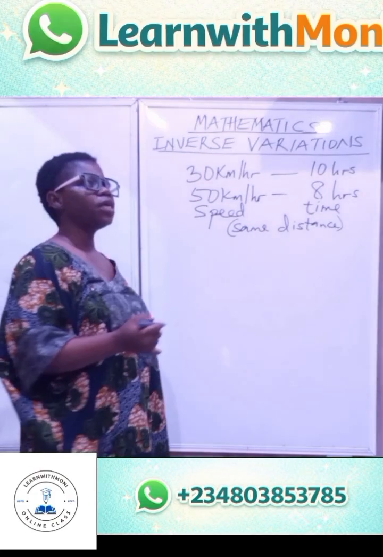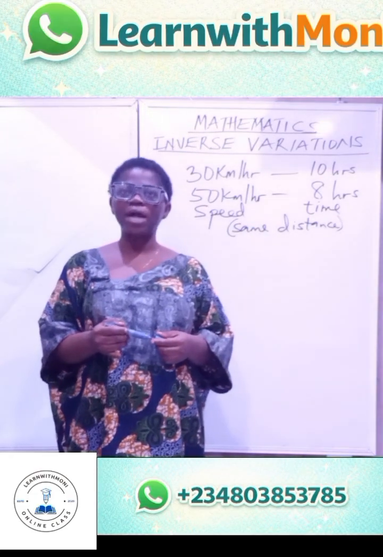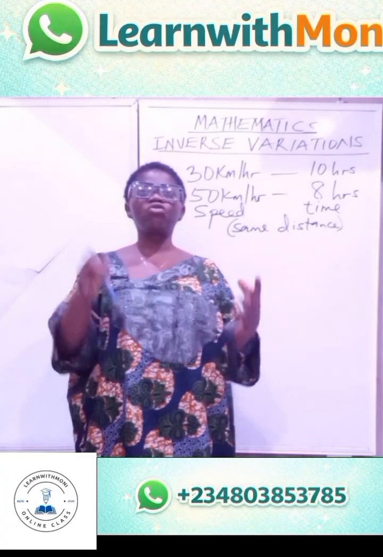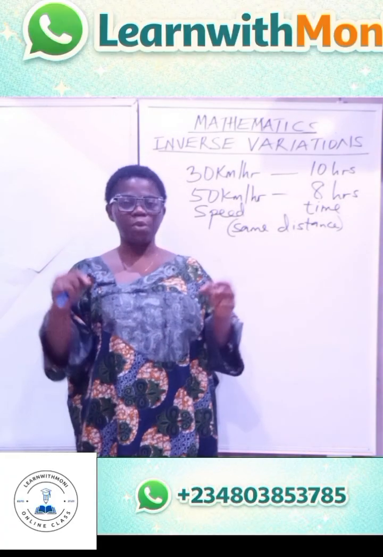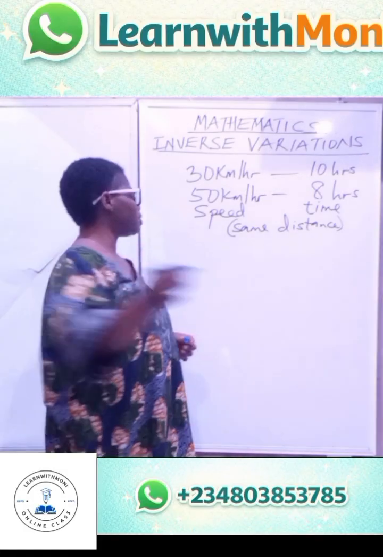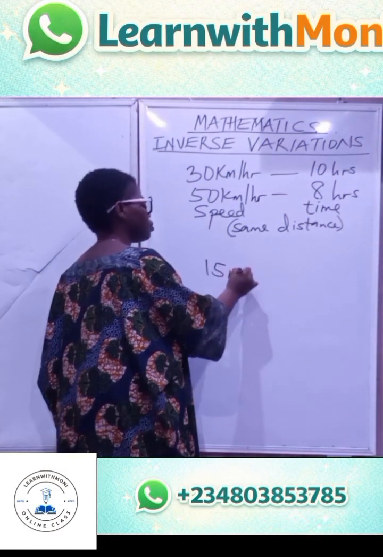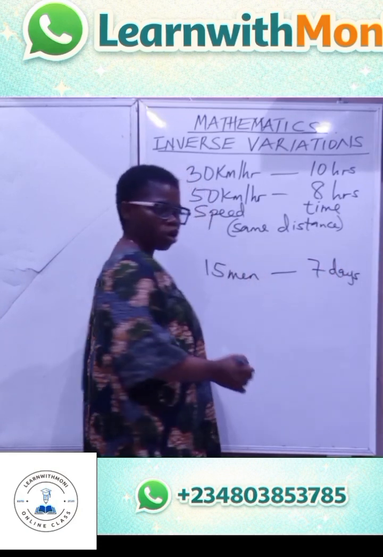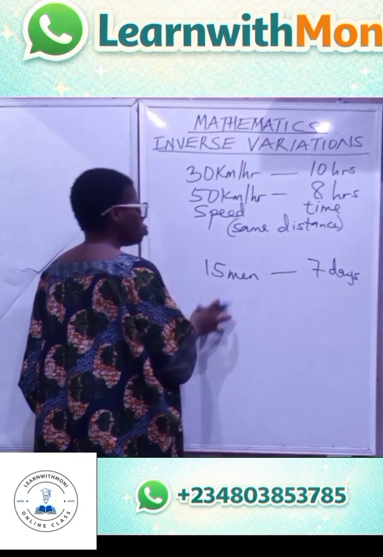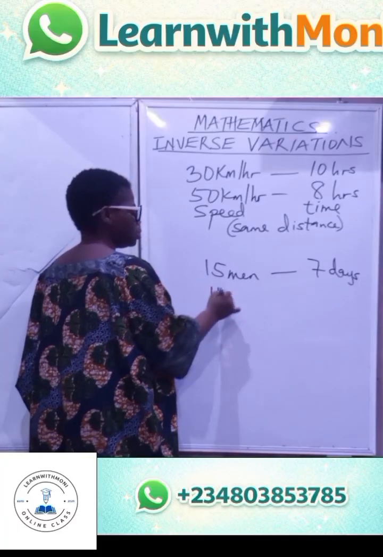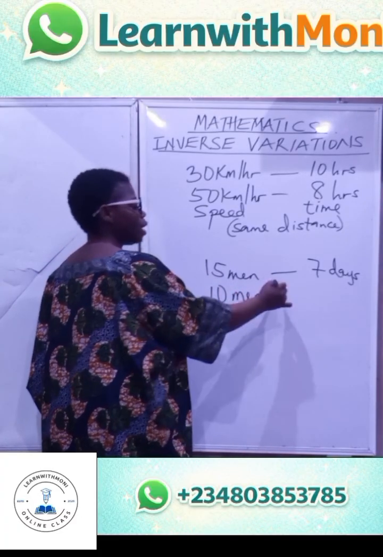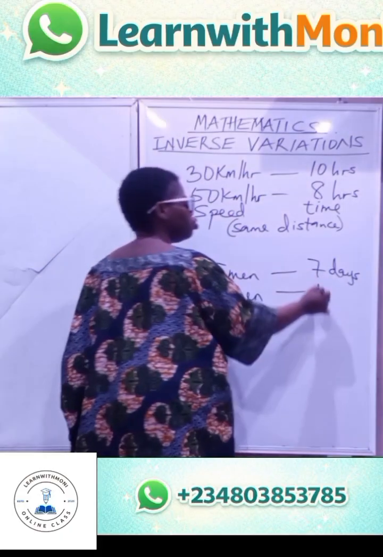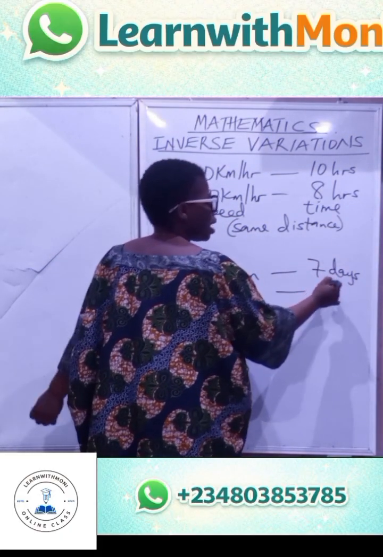Another situation is the number of people at a job and the number of days they spend on the job. If they are doing exactly the same type of job and it takes 15 men 7 days to complete the job, by the time you reduce the number of men on the job to 10 men, what do you think will happen?